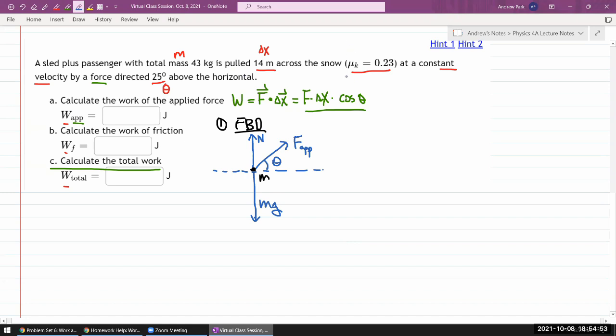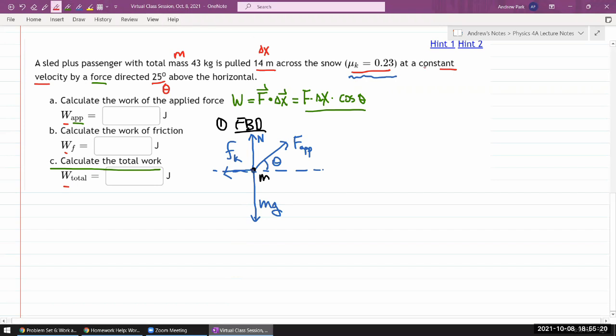And since they gave us the kinetic friction coefficient, I should assume that there's a kinetic friction force, and that must be pointed the other way. Kinetic friction. Okay, and as always, I'm asking myself the question, did I draw all the forces? And it feels to me that way. One of the things I need to check is what is the acceleration?